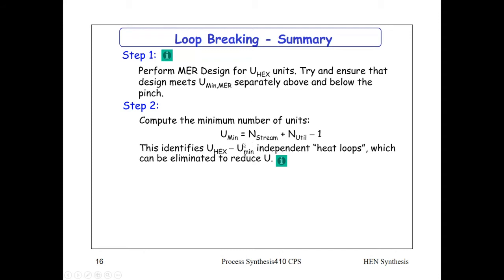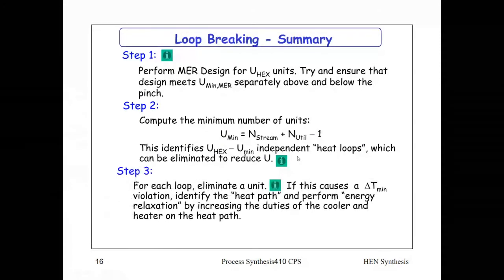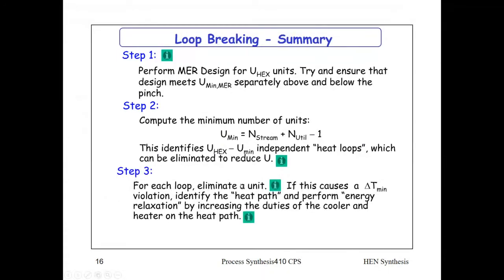And when you subtract the two, you get the number of independent heat loops, and that's the number of heat exchangers you can eliminate. But when you eliminate those, for each loop, it may cause, and it usually does cause, a delta T min violation.